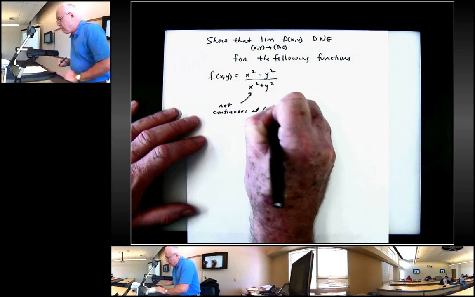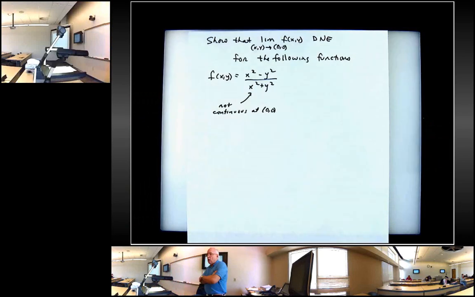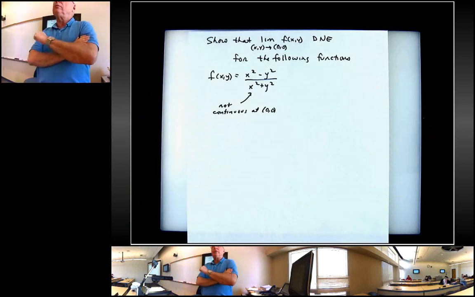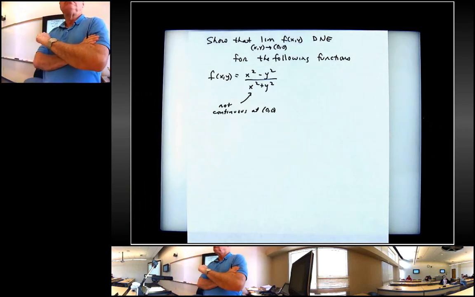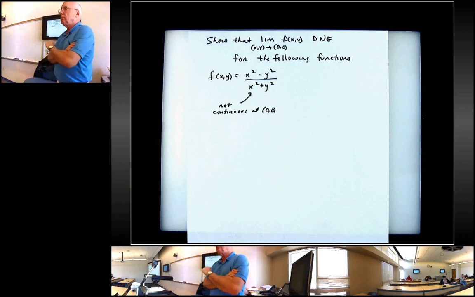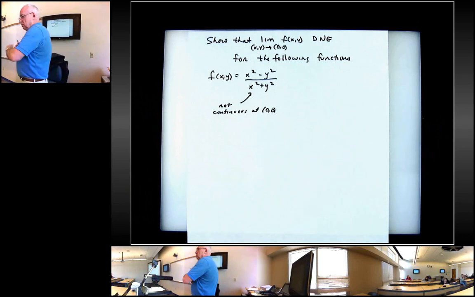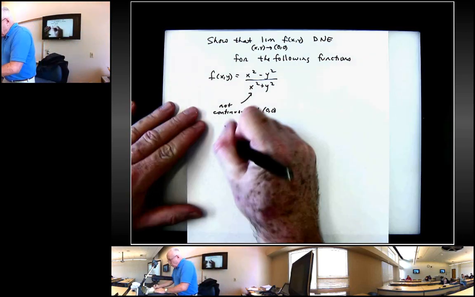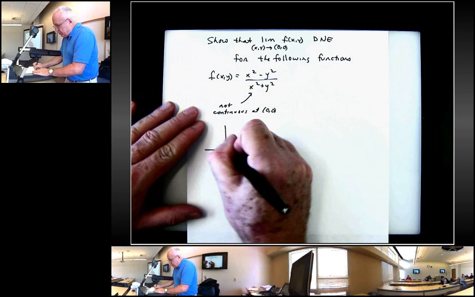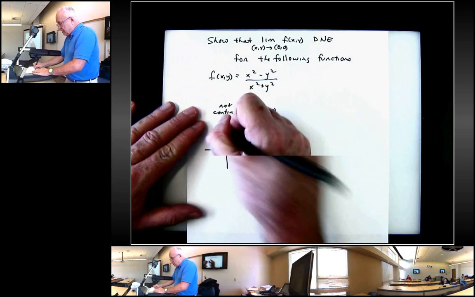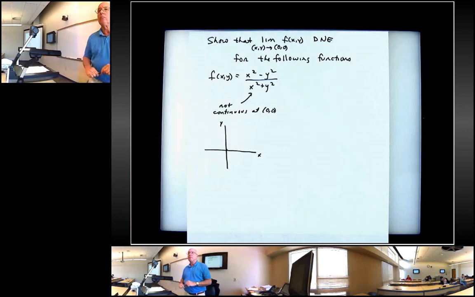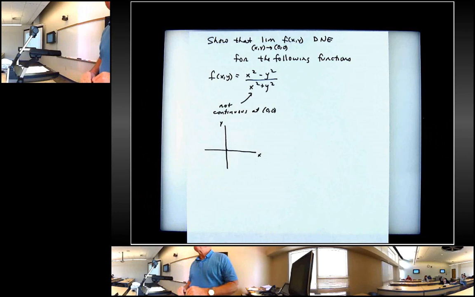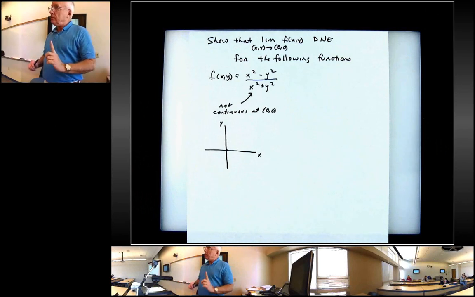All right. So basically, what do we have to do here? What do you think we have to do? We're approaching this 0, 0 along the xy plane. We want to show it's not continuous, which means we get two different limits.